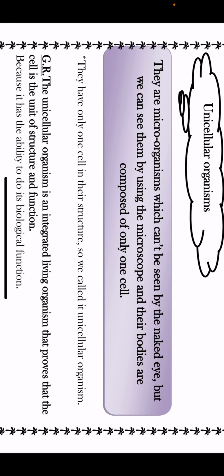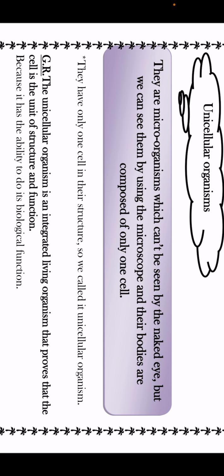We studied the plant cell and the animal cell in multicellular living organisms. Now we will study unicellular living organisms. They are microorganisms which can't be seen by the eye, but we can see them using a microscope, and their bodies are composed of one cell only.